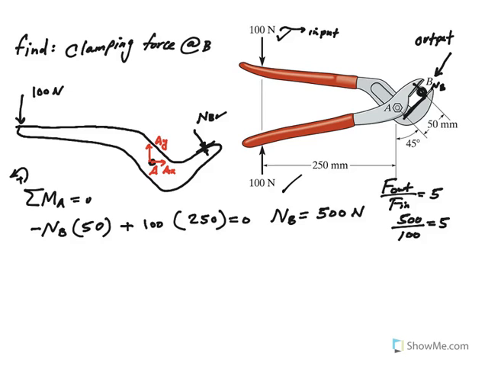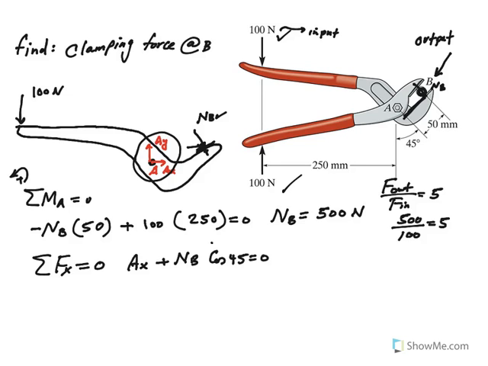Now, to just show you how you can also find the reaction forces developed here at the pin A, you could continue with balancing the forces in the X and Y directions. So here, for example, AX positive. The X component of this guy would be NB, because of the angle 45, NB cosine 45.